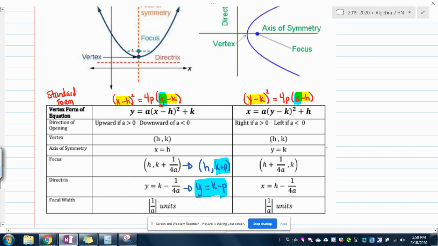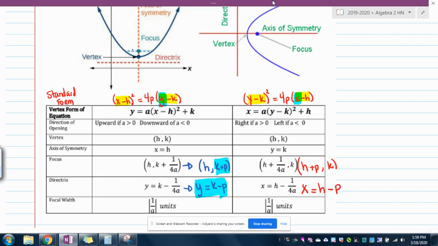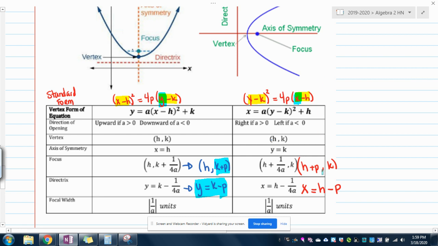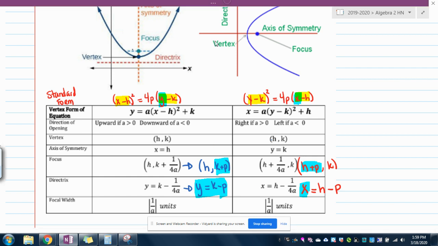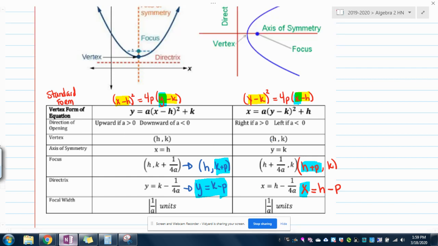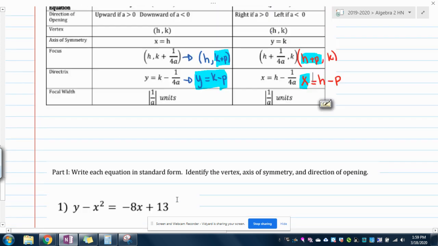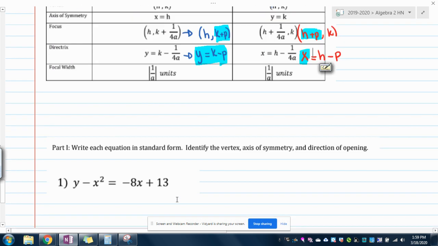So I have h + p is changing, and then k, and then x = h - p. So x, x, and x. x is the key change factor here. I know that was a lot of information, but let's do some practice problems.